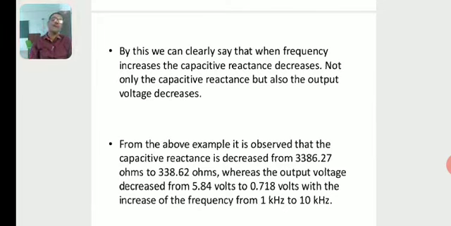This circuit is also called a frequency variable voltage divider circuit.